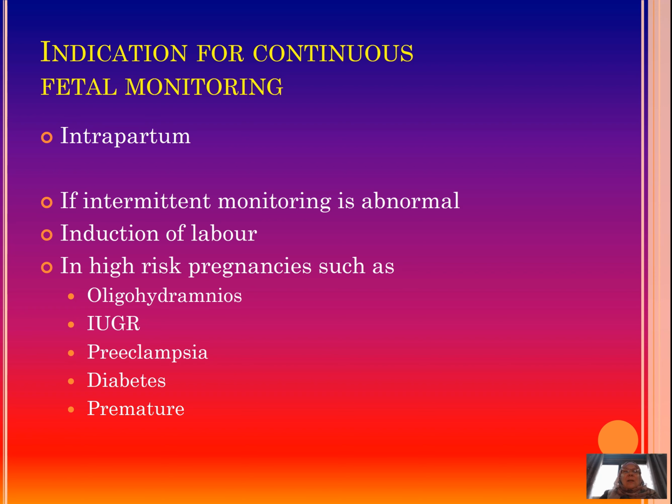In high-risk pregnancies such as oligohydramnios, IUGR, preeclampsia, diabetes, prematurity, and also if there are sudden risks such as new onset of bleeding or anything like that, CTGs are usually used.